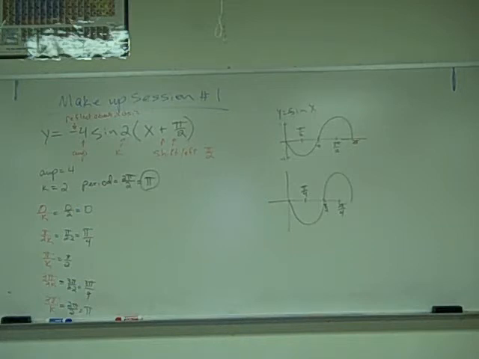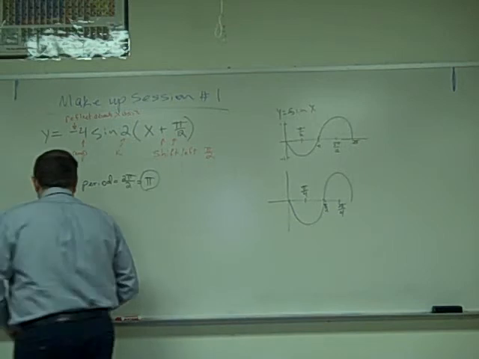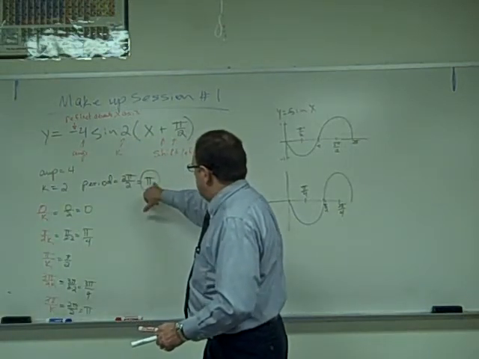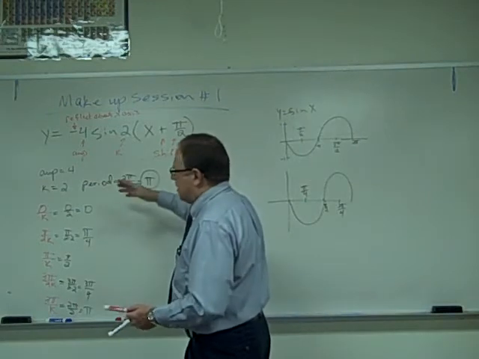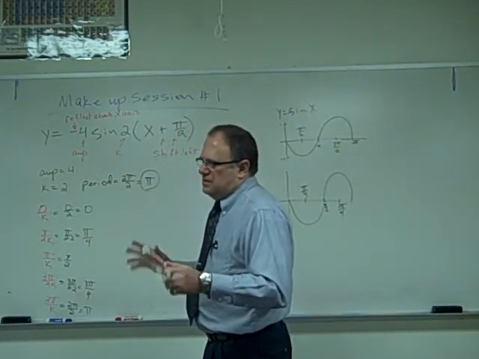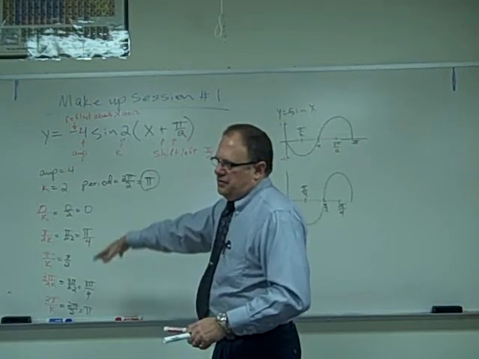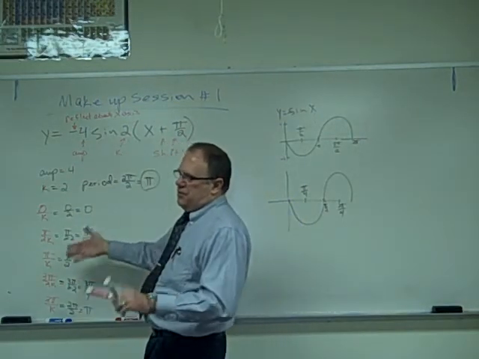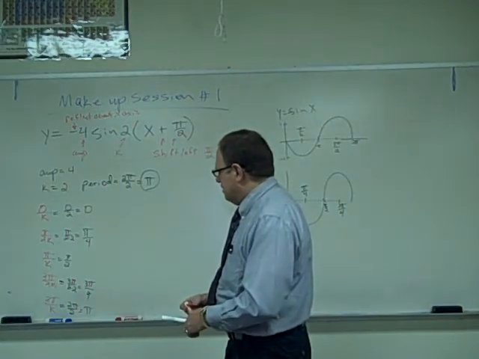Some people just take pi and then divide it by 4, and that's fine too. But when you get into having pi for k, now all of a sudden you've got to do the math. Yeah. So this way is consistent the same way every time, no matter what k is.